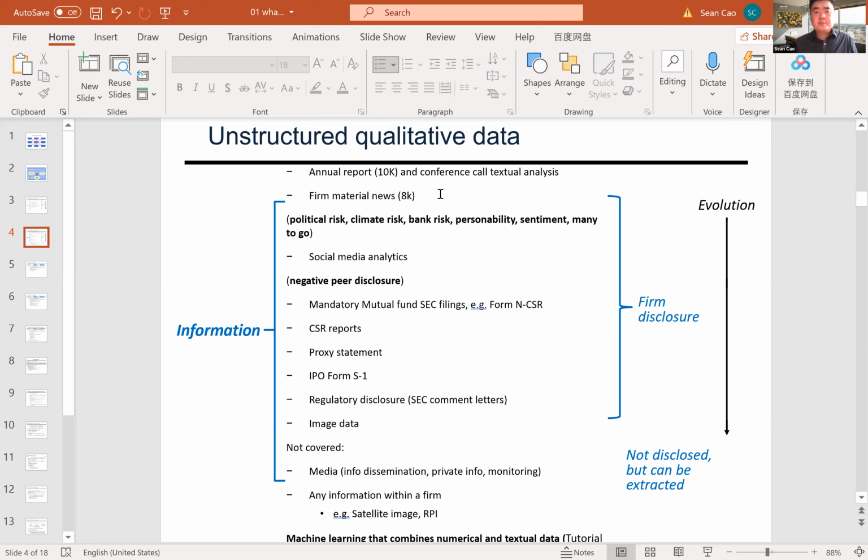When the U.S. government switches leadership, we will be subject to huge uncertainty about the leadership of the U.S. government. So the managers will talk about exactly the firm's exposure to political risk. Using this data, you can extract the political risk the manager was talking about and use that to measure the firm's political risk. That's the idea of how to use this data. Same as the climate risk.